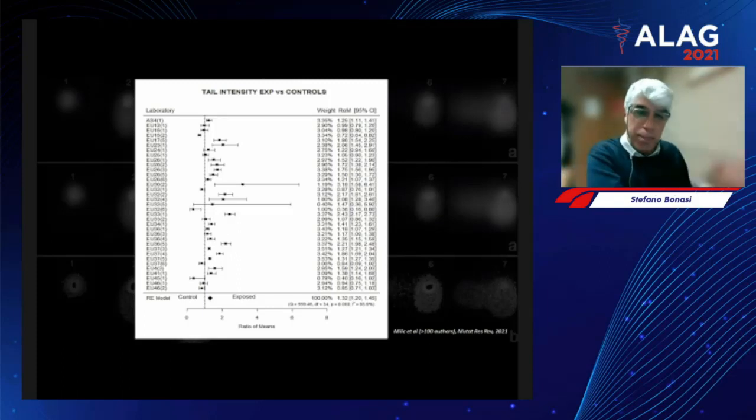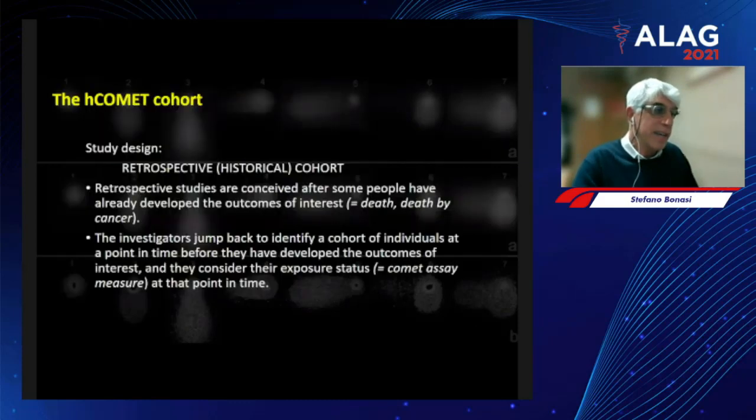So that was actually expected. So from this result, it comes out quite clearly that the Comet assay is an excellent marker for exposure once we take into consideration the variability, at least some variability due to host factors, to confounding factors, or to technical factors.